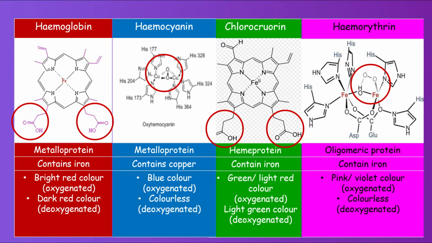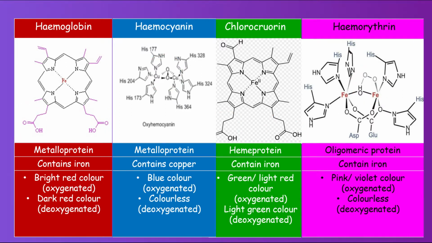Chlorocruorin shows a green color in higher concentration of oxygenated pigments, and light red when deoxygenated. For hemerythrin, the pink violet color shows that there is oxygen in the pigment, and when it is used up, it becomes colorless, just like hemocyanin.